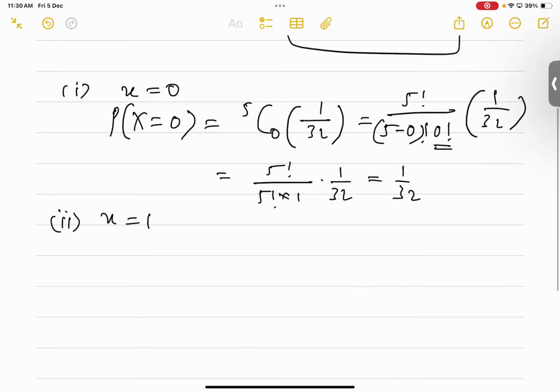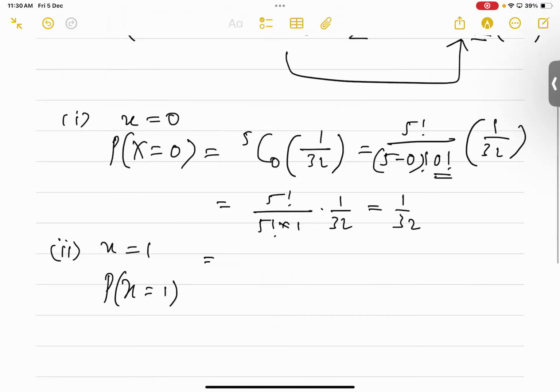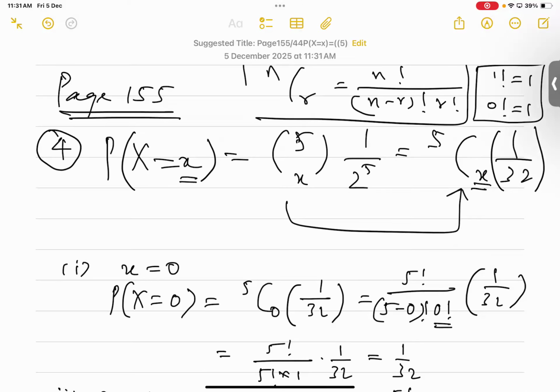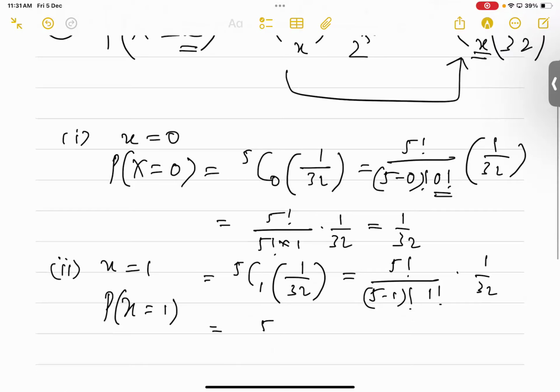Now when x is equal to 1, you can parallelly copy. P of x is equal to 1. So put x is equal to 1 here and here. 5c1, 1 upon 32. 5c1 is 5 factorial upon 5 minus 1 factorial into 1 factorial, nCr formula, into 1 upon 32. 5 factorial upon 4 factorial into 1, 1 upon 32. 5 factorial can be written as 5 into 4 factorial upon 4 factorial, 1 upon 32.